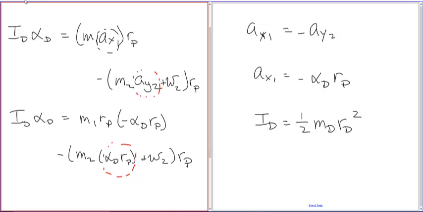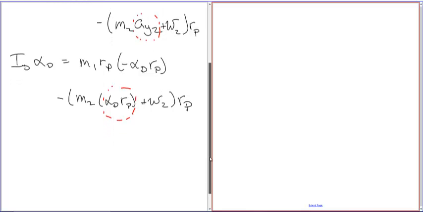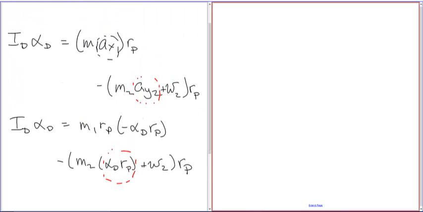Okay, let's add a page in here now. So what we're going to do is solve for alpha for the disk. To do that, let's just multiply everything out here. So we've got I for the disk times alpha for the disk is equal to negative M1 radius of the pulley squared times alpha for the disk.